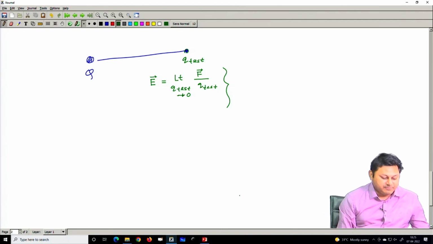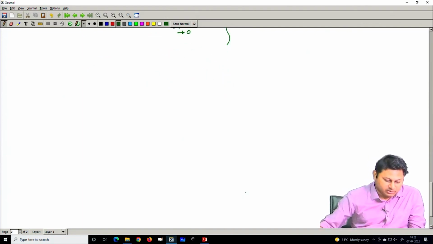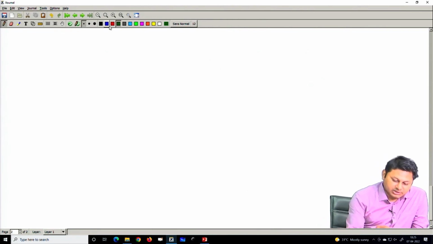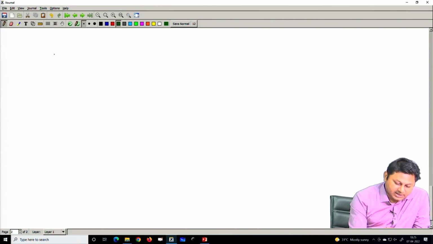Okay, with this very brief, overall discussion about the classical picture, now we go back to our initial discussion, which is charge. The charge has a few properties, and now I am going to discuss that. One is conservation of charge.